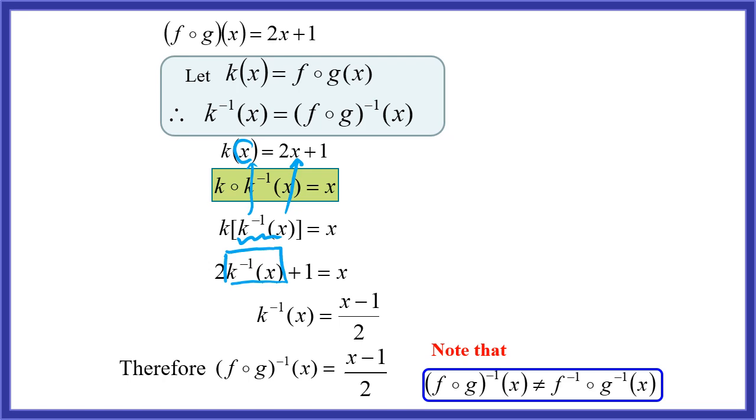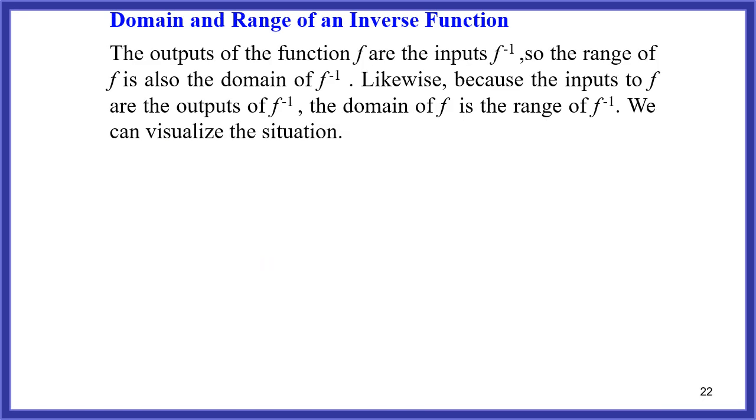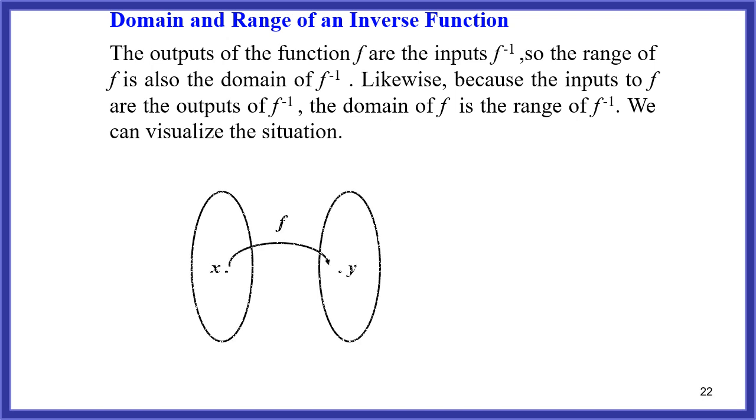Next, let's move on to the next part of this lecture, which is the domain and range of an inverse function. The output of the function f are the input of f inverse. This means, what are the outputs of function f? We usually represent it as y. So this y is actually the input of f inverse.